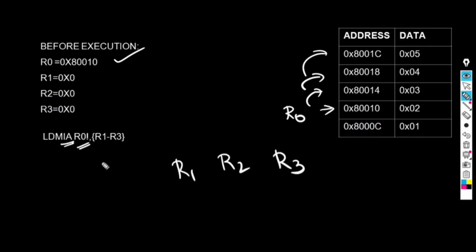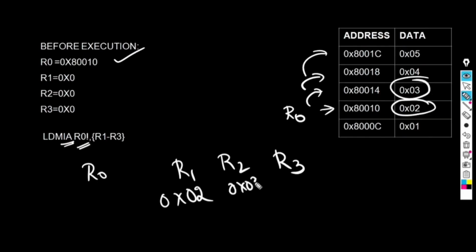One more thing, because of this exclamation mark, R0 should be updated. So what should be the values here? We will see that. Because it's increment after, first load the value and place it here, 0x02. Next increment, load the second value, 0x03.